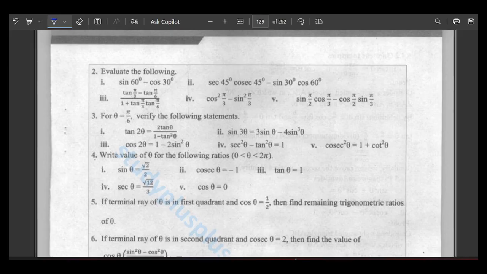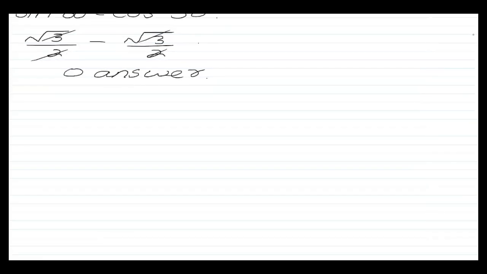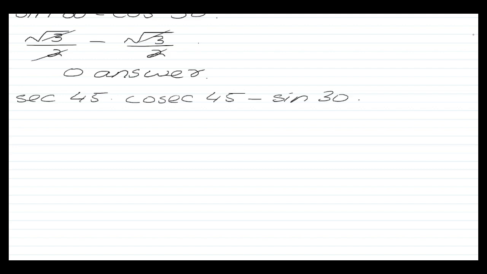Then for the second part of question number 2, we have sec 45 multiplied with cosec 45, subtracted from sine 30 multiplied with cos 60. So how can we solve this expression? Let's write sec 45 multiplied with cosec 45, and then it is subtracted from sine 30, again multiplied with cos of 60.